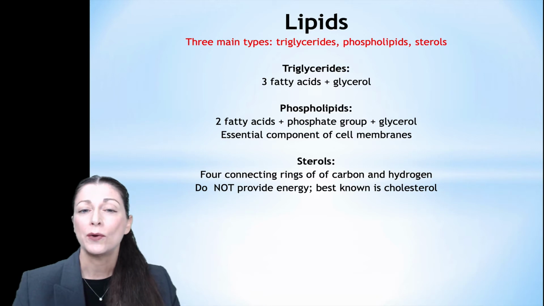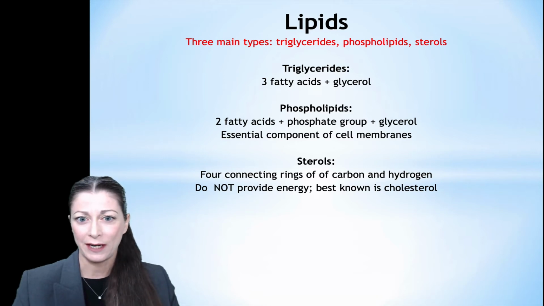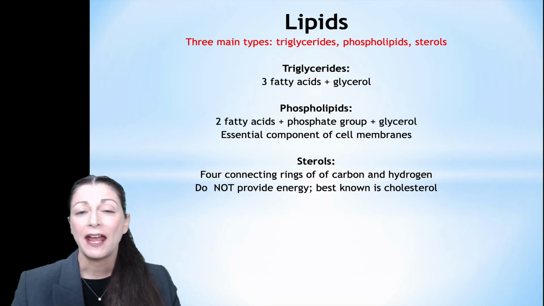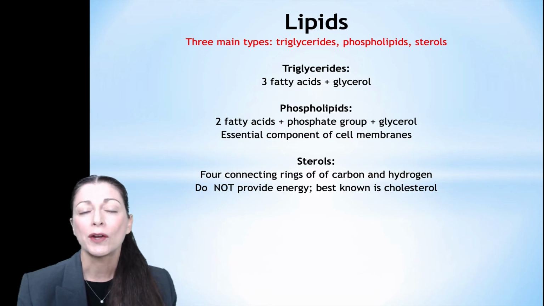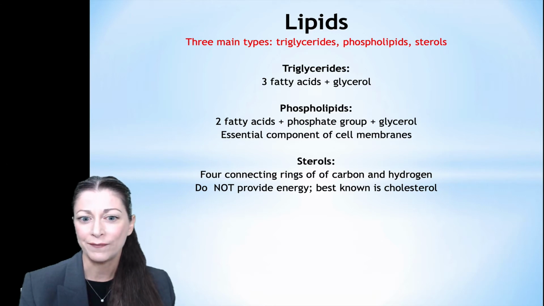Phospholipids are composed of 2 fatty acid chains, a phosphate group, and a glycerol. And phospholipids are essential components of the membranes that surround every single cell in your body. So lipids are definitely important to health. Sterols are composed of 4 connecting rings of carbon and hydrogen. These do not provide energy, and the most commonly known sterol is cholesterol.